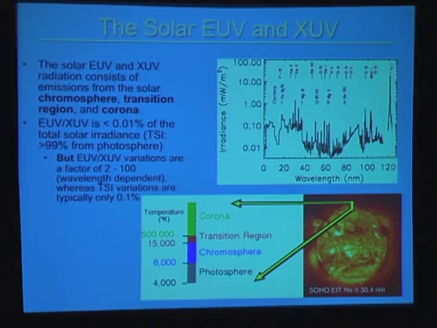And then the corona, which can be up to a couple million Kelvin. And all of this is very variable on the sun, depending on solar activity, magnetic activity. And so each of these regions in temperature in the atmosphere of the sun varies differently from each other. And so different lines in the solar spectrum scattered throughout will vary differently with time.